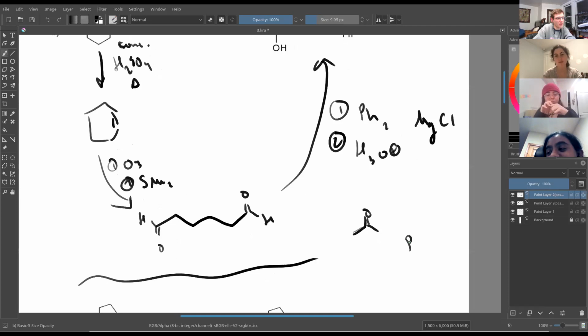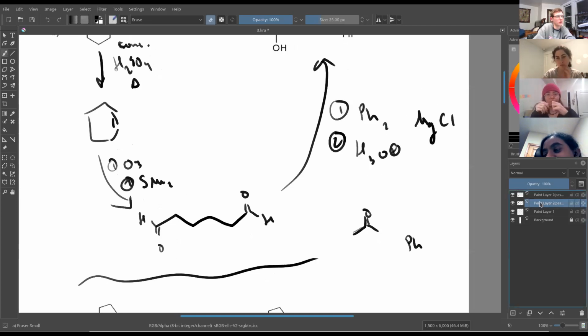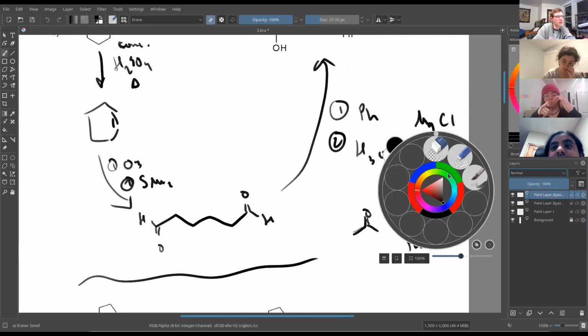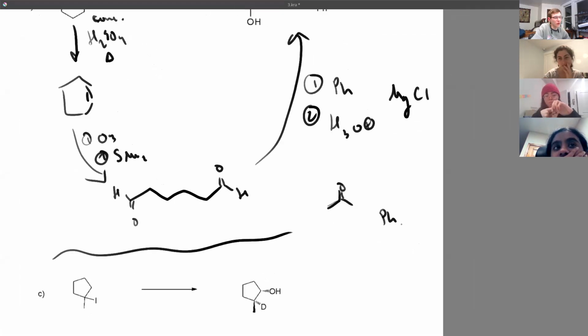So this should just be one phenyl group. This ketone wouldn't either. It would just add once and those carbon groups aren't going to come off. What will come off is an ester.